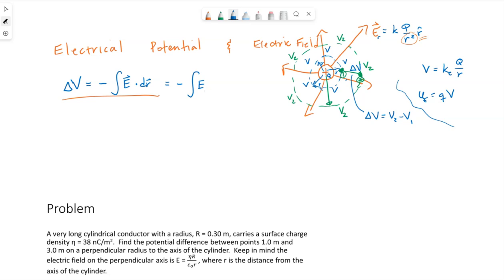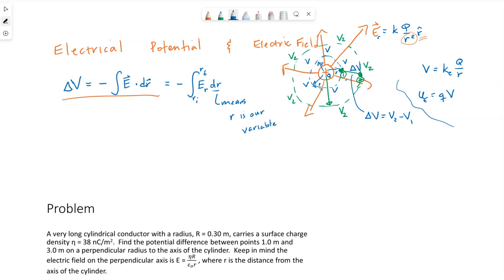Since the electric field is in the radial direction, as long as I integrate along a displacement that's also in the radial direction, I've already accounted for this dot product. I'm moving parallel to the electric field as I integrate. So r is our variable, and our limits are from an initial r value to a final r value.